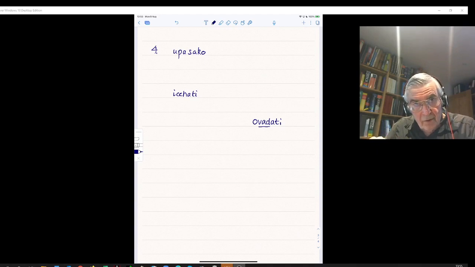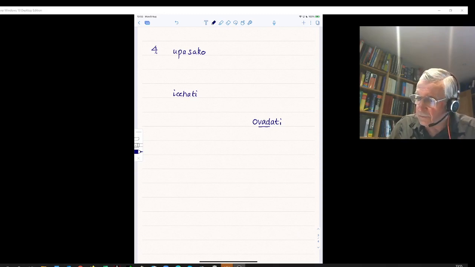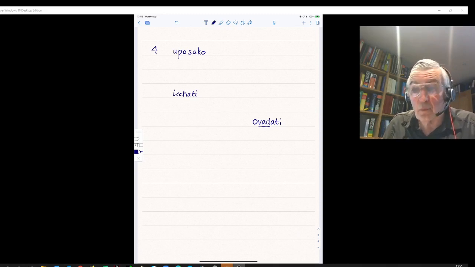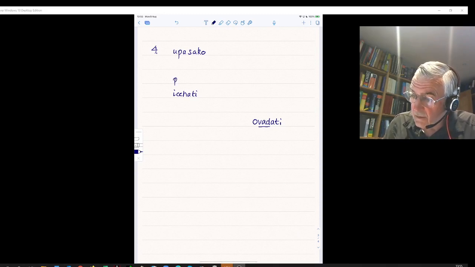This is the plural, masculine plural of a short a noun. Putte uvaditum. So the lay disciple wishes to instruct the sons. Upasako putte uvaditum ichchati. Putte uvaditum.